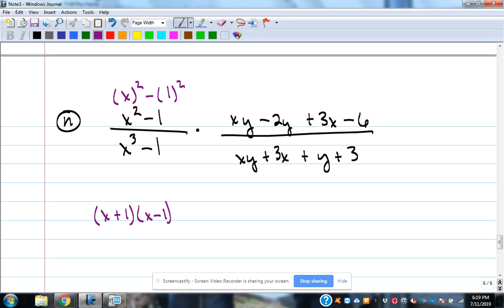All right, now the bottom part of the fraction is a difference of cubes. And if you remember from 100, we did sums and differences of cubes. Sums of cubes, a cubed plus b cubed, and differences of cubes.